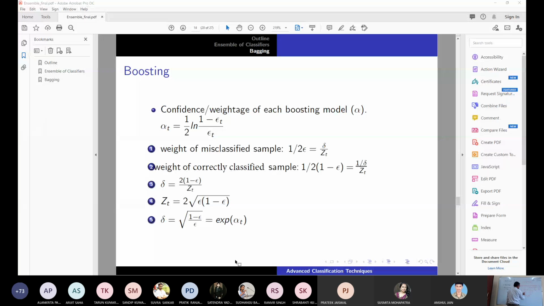So zt is coming twice: 2 into 1 minus epsilon t by zt square. Now you compute the value of zt. Zt square, so this will be 4, this will be epsilon and 1 minus epsilon. Now it is visible.